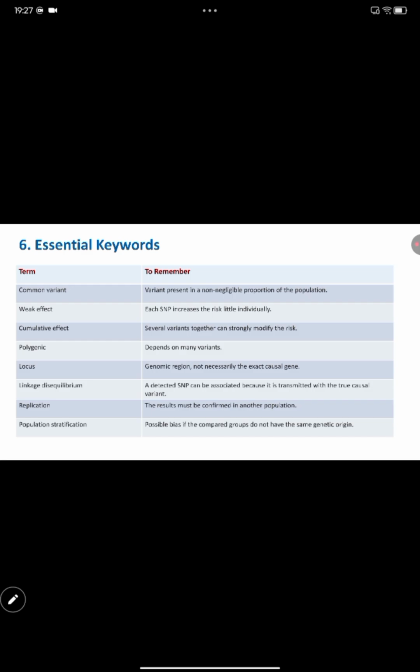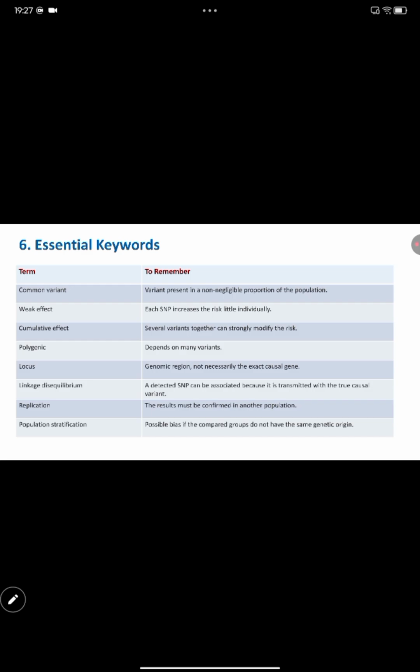Polygenic means that the trait depends on many variants and not only one. Locus is a genomic region, not necessarily the exact causal gene.